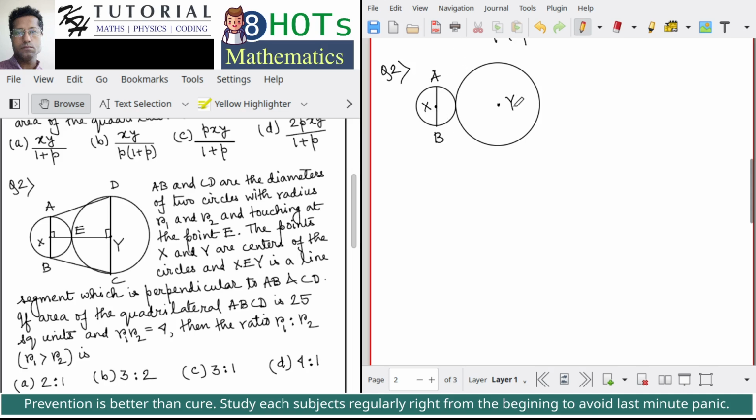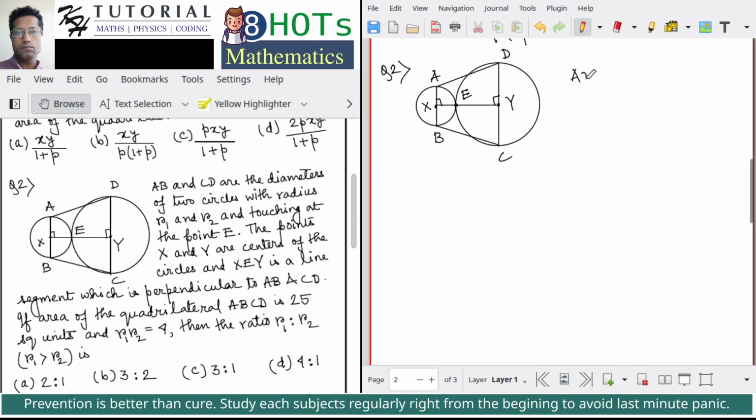And CD is the diameter, so it will pass through the center Y. We have the quadrilateral ABCD. The two circles touch at the point E. Let's say this is E, and XEY is the line segment, and it is perpendicular to both AB and DC.